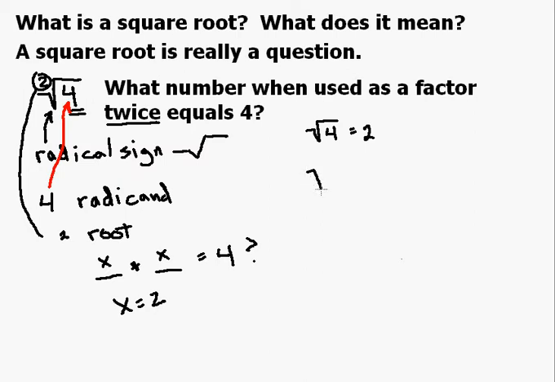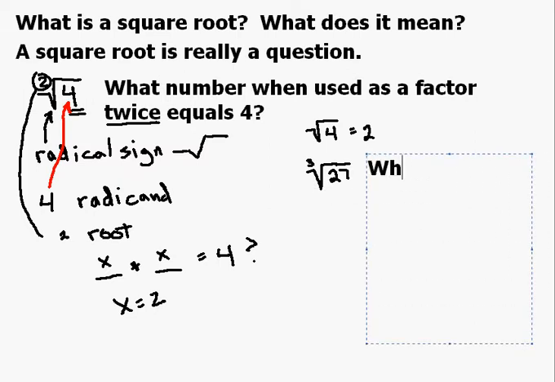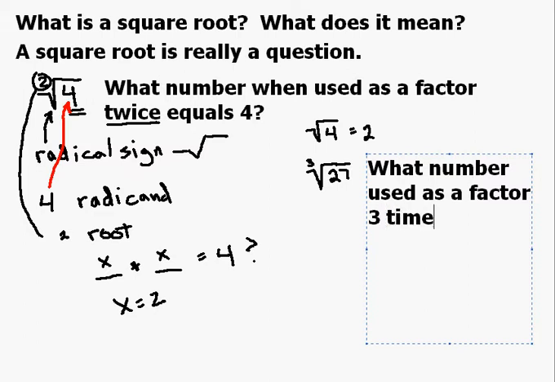Now I could ask a different question. I could ask, what is the cube root of 27? So the question that's being asked here is, what number used as a factor 3 times equals 27?